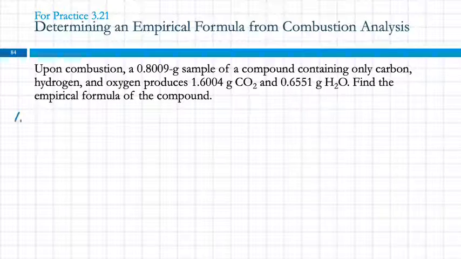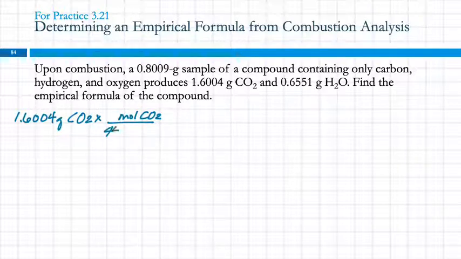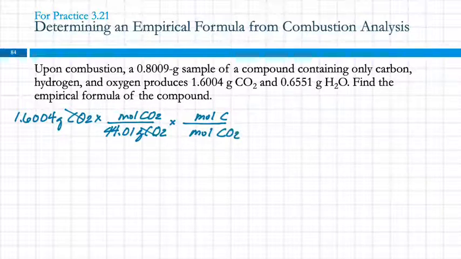So 1.6004 grams of CO2. I'm going to convert that to moles of CO2. And the molar mass is 44.01 grams, because I do this so many times that I just remember it. Then we want moles of carbon in moles of CO2, and it's 1:1.